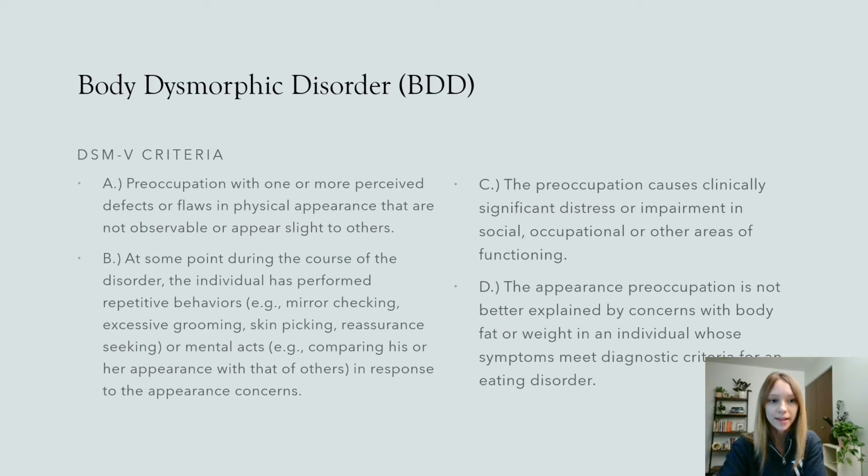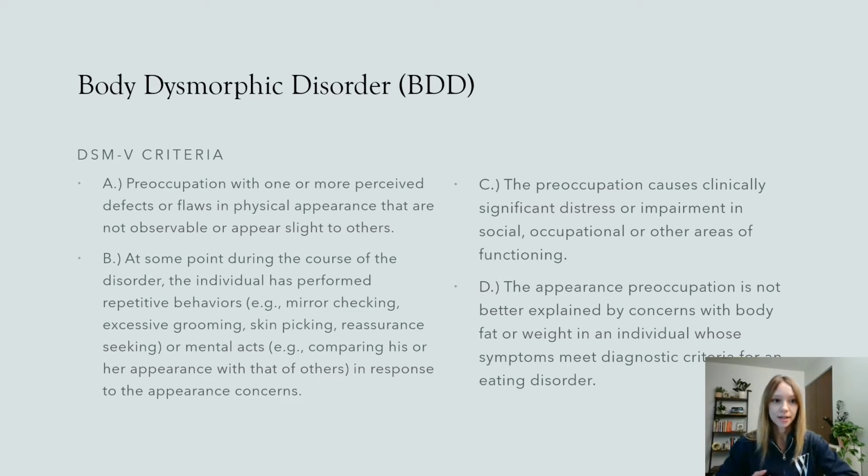So let's go ahead and review the DSM-5 criteria for body dysmorphic disorder, or BDD. So A is a preoccupation with one or more perceived defects or flaws in physical appearance that are not observable or appear slight to others.